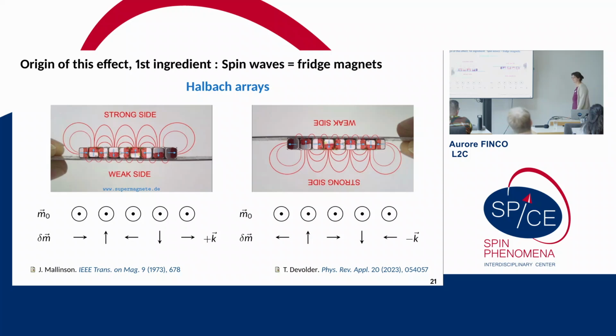So why? We need 2 ingredients. The first one, and I will quote our colleague Thibaut de Volder from the Citroën for that: a spin wave is like a fridge magnet. So what does it mean? You might be familiar with this arrangement of magnetic elements, which is called a Halbach array.